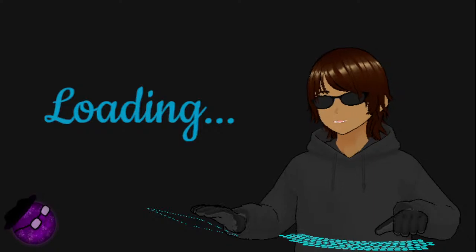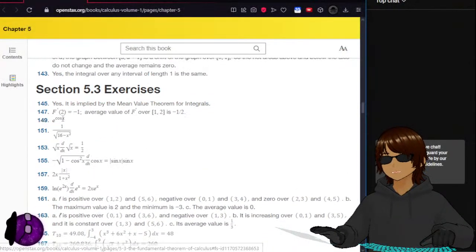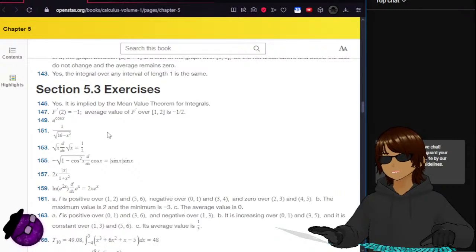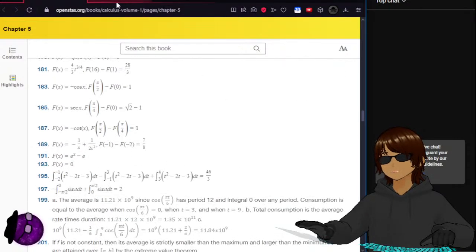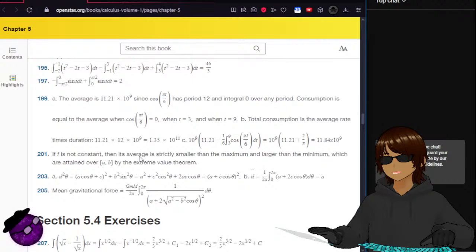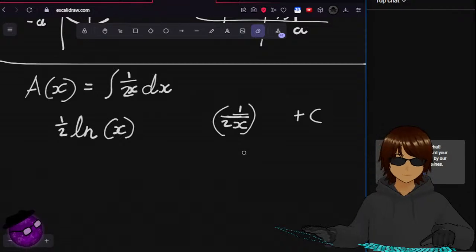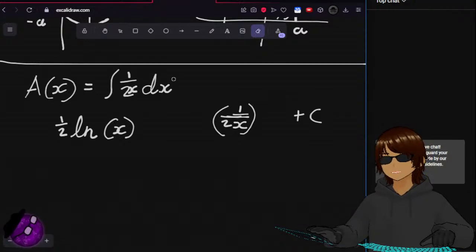Okay. Alt. Yeah. So for 149, it's e to the power of cos x, which we just did. And 207, no, 209. Yeah, it's half ln. Oh, also I keep forgetting. It's ln. No, sorry. Yeah, modulus.